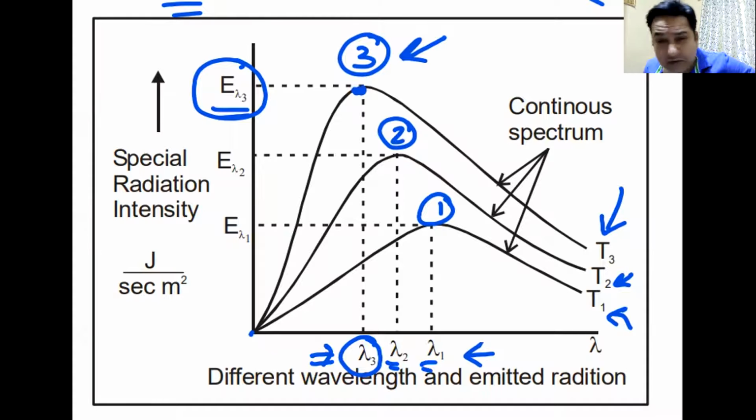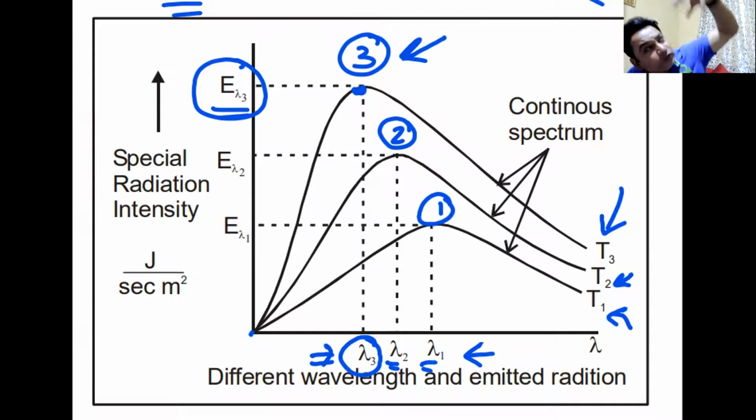Lambda 1 is the wavelength of the radiation which has the most energy at temperature T1. Am I making it very complicated? It's very simple. Lambda 1, lambda 2, and lambda 3 are the wavelengths of the different radiations which have the most energy.